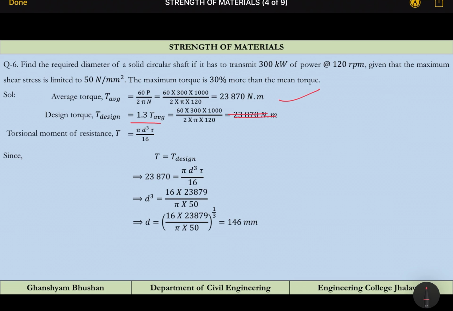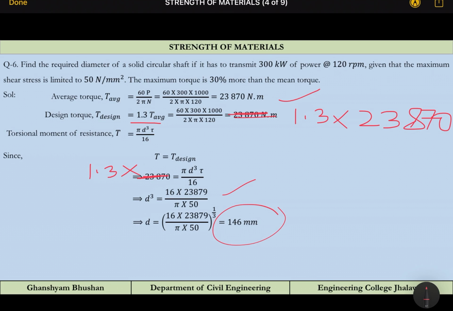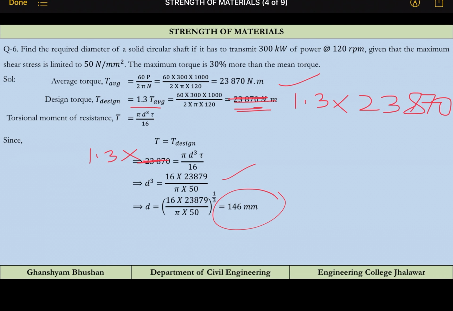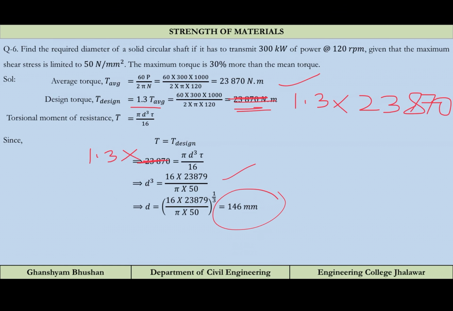So everywhere this is 1.3 into 23,870. Put all the values and you will get d as 146 mm. In this way you can solve problems based upon power. The formula to be used is P equals T into 2 pi n by 60.